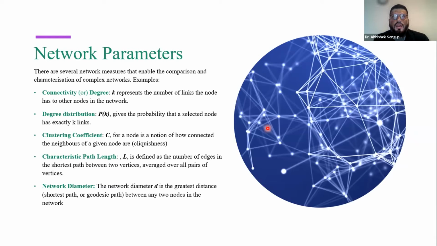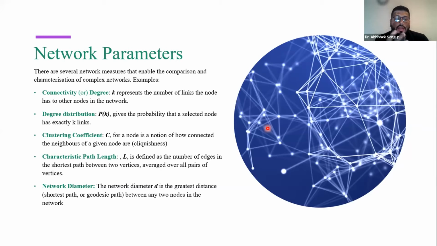Networks are quite interesting for getting inferences and insights. So network biology provides a quantifiable description of networks. There are several network measures that enable the comparison and characterization of complex networks.